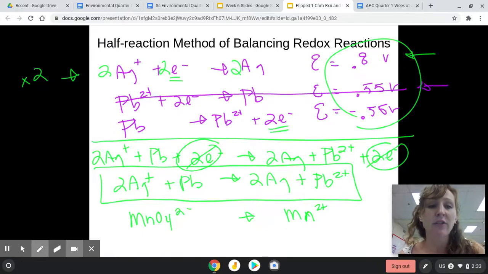It's called the half reaction method for balancing redox reactions. It's kind of complicated. It's kind of long. Stay with me, and I'm going to explain. I really want you to listen for the reason that we're doing things, because if you understand the reason, then it's not just a whole bunch of steps to memorize. You'll understand why we're doing things, and you can reason your way through these.